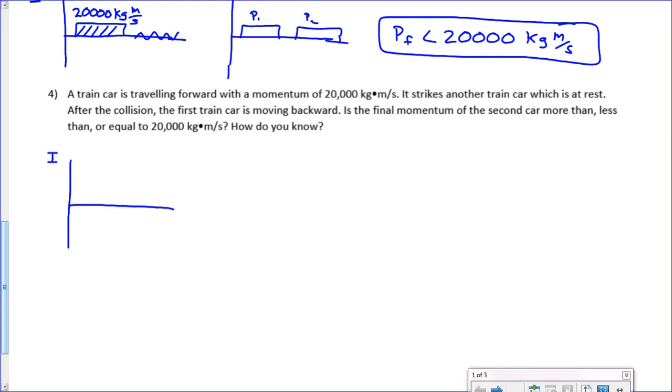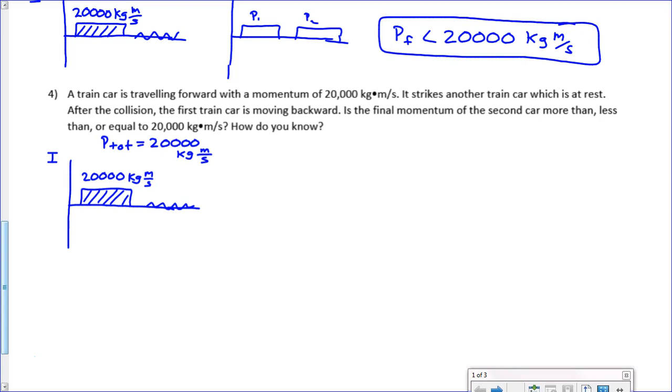In our initial situation, there's only one moving. It's got 20,000 kilogram meters per second. We've got another one that is at rest. It's not moving. And so we know that the total momentum, in this case, again equals 20,000 kilogram meters per second.